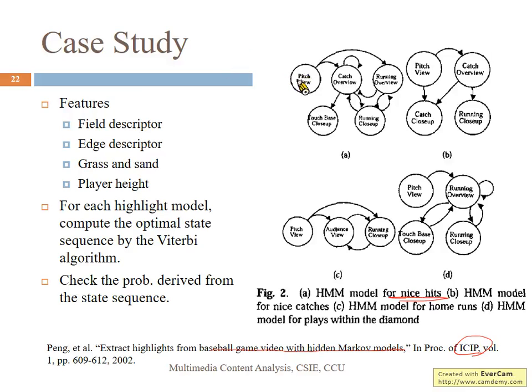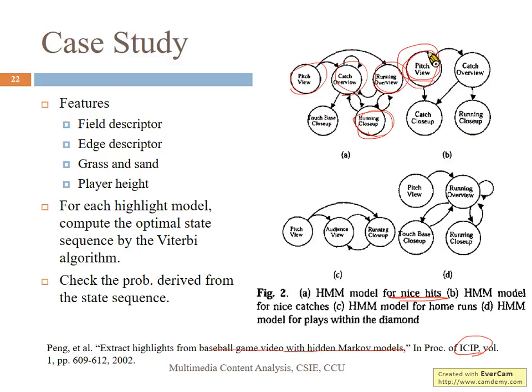So to generate a nice hit, it may start from a pitch view, and then a catch view, and then maybe the ball is hit out. So the camera switches to the running view, and then maybe the runner may catch up to some base. So there may be some close up. So we can use the transition between these states to show a nice hit, and then maybe a nice catch.